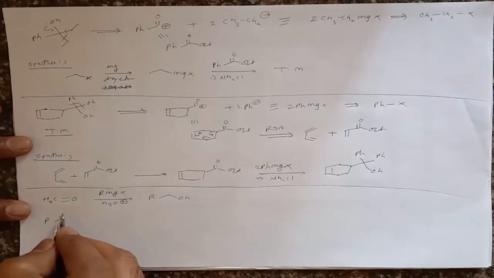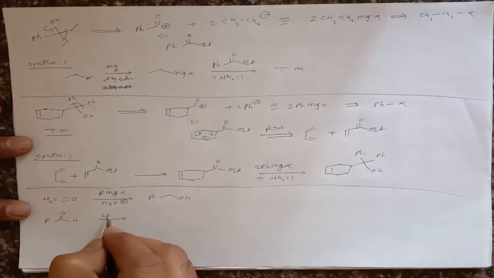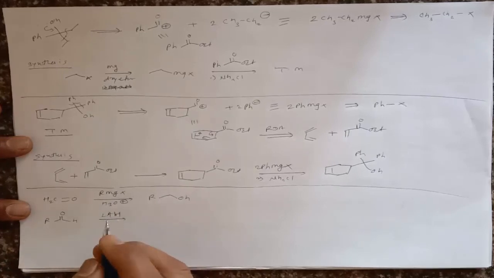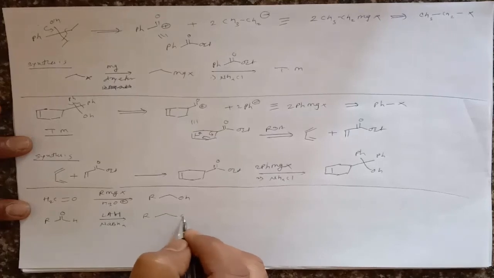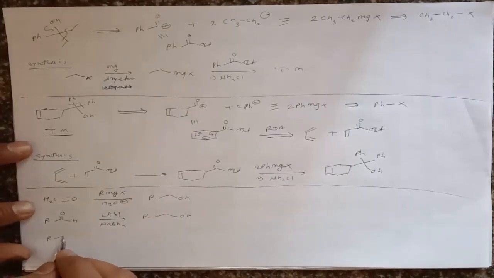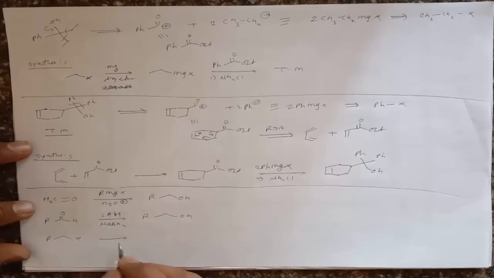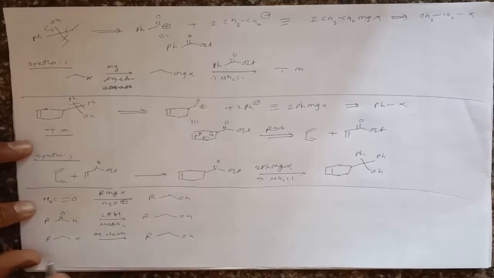If there is an aldehyde, we can reduce it using lithium aluminum hydride or sodium borohydride to get an alcohol. Suppose there is an alkyl halide, RCH2X, then we can also prepare the alcohol by using aqueous NaOH, a simple substitution reaction.